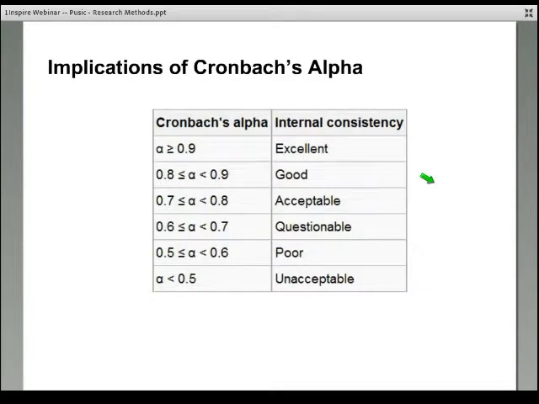So when you look at a Cronbach's alpha, there are levels of internal consistency that we shoot for. When you do your board exams, they shoot for a Cronbach's alpha of 0.95, 0.97, 0.98, and that's why you sit in that room for 6 hours and answer hundreds of questions.